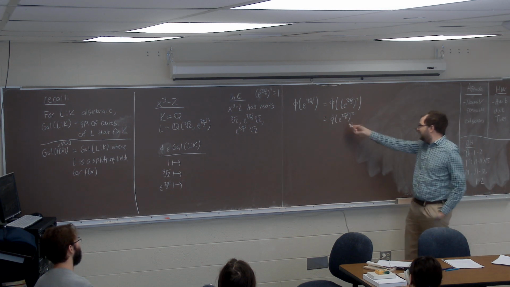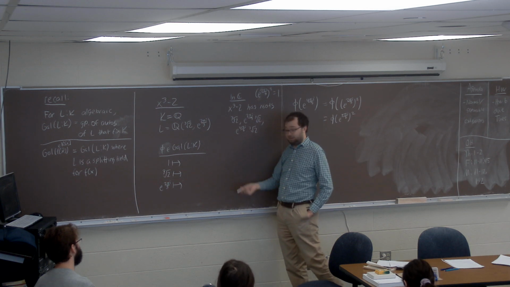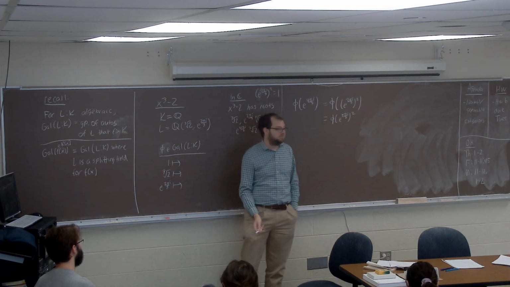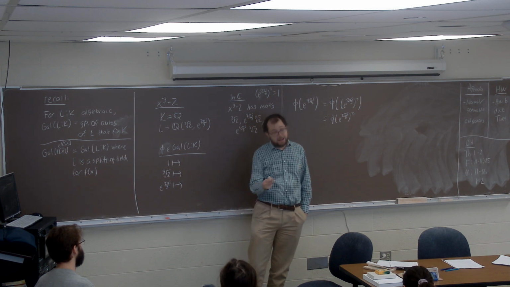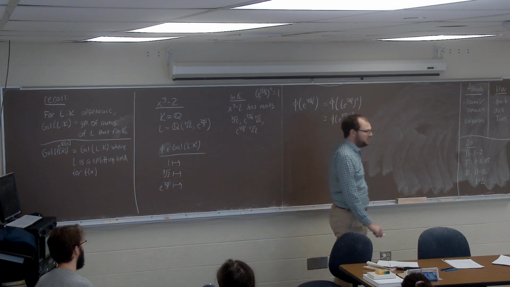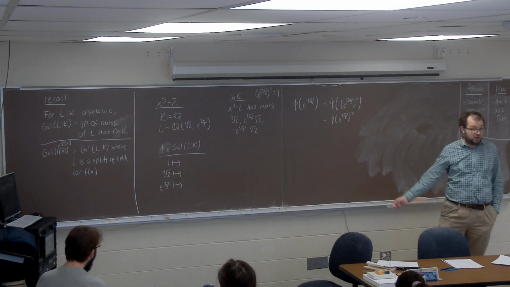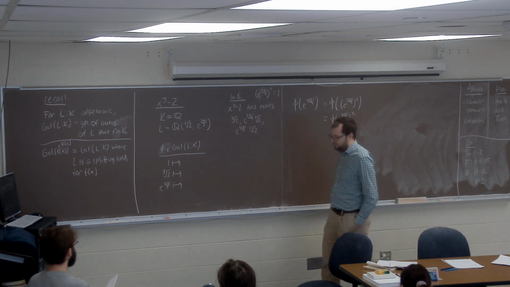So if you know where phi maps e to the 2 pi i over 3, that'll automatically tell you e to the 4 pi i over 3. And by very similar reasons, if you know where cube root of 2 gets mapped to, that'll automatically tell you where cube root of 2 squared gets mapped to. So these are really the only choices we have, and our choices for where these three elements get mapped to will determine the whole shebang.